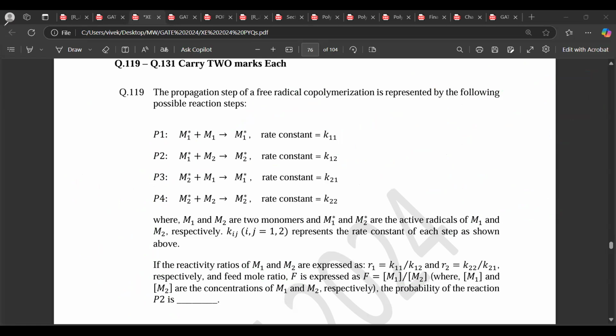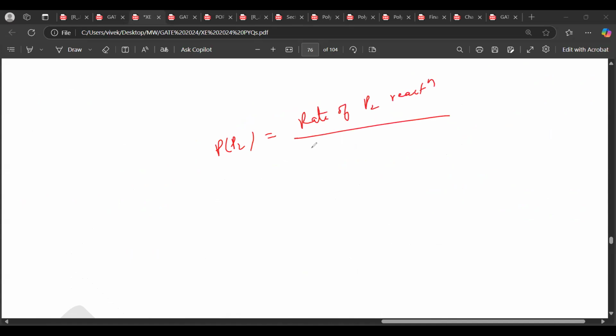If you want me to show it, it's just the fraction of reaction. My probability of P2 is going to be the rate of P2 reaction divided by the rate of P1 plus the rate of P2.